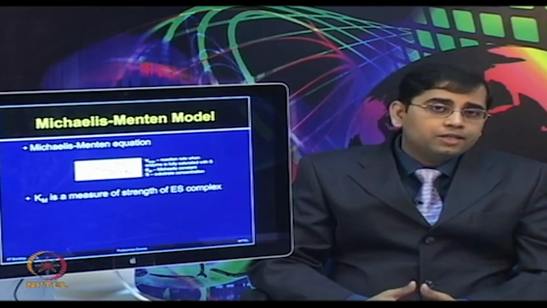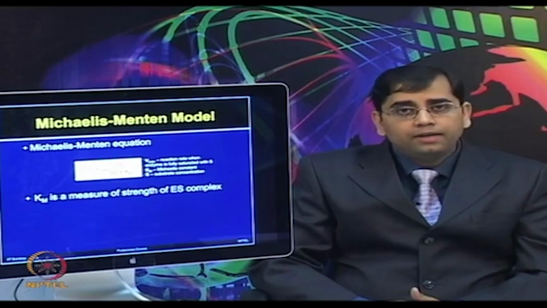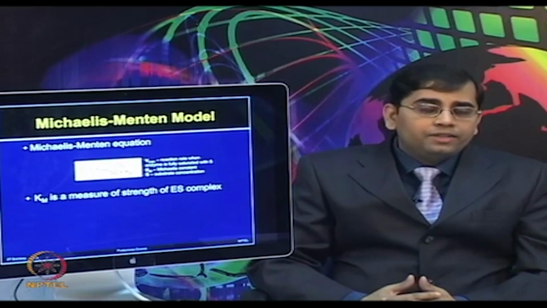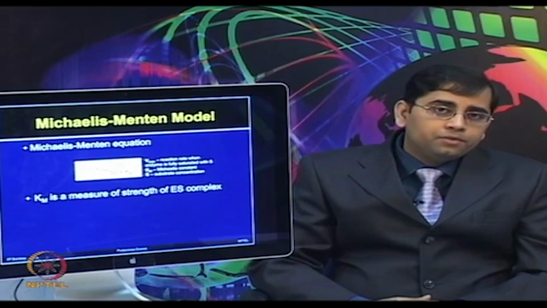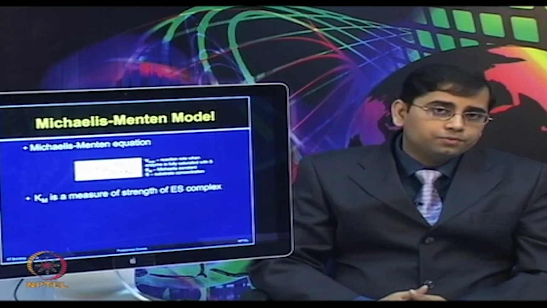Now, let us take a third situation where substrate concentration is equal to Km. Now, in this case, the equation will become V0 equals Vmax divided by 2.